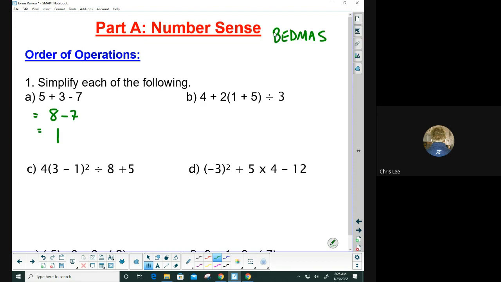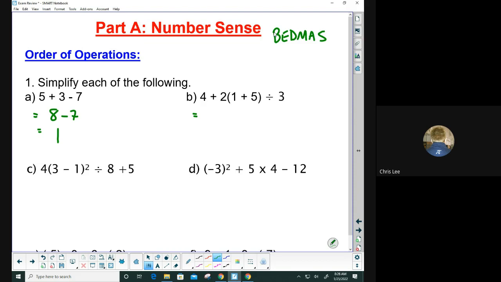How about in B though? 1 plus 5. Right, we got to do the brackets part first. So we're going to do the 1 plus 5. So the 1 plus 5, of course, is 6.